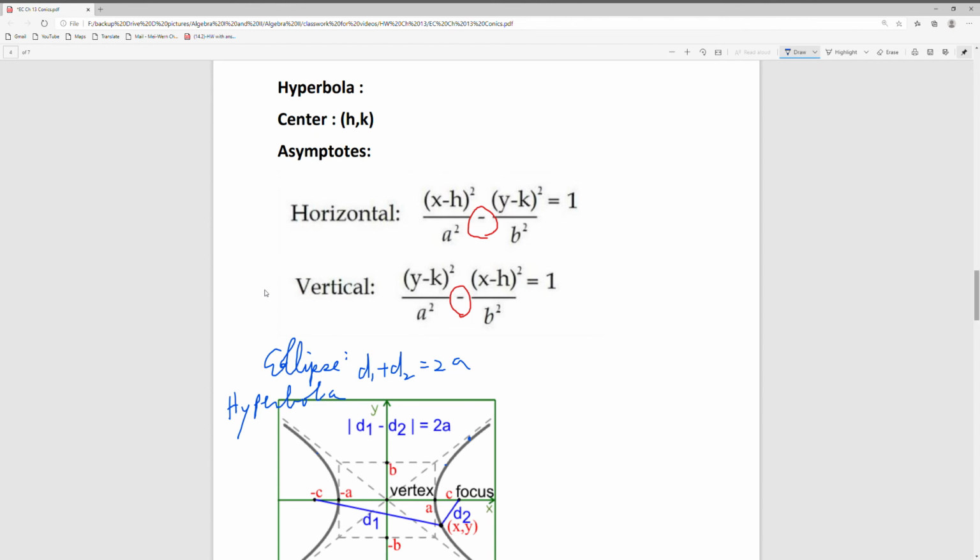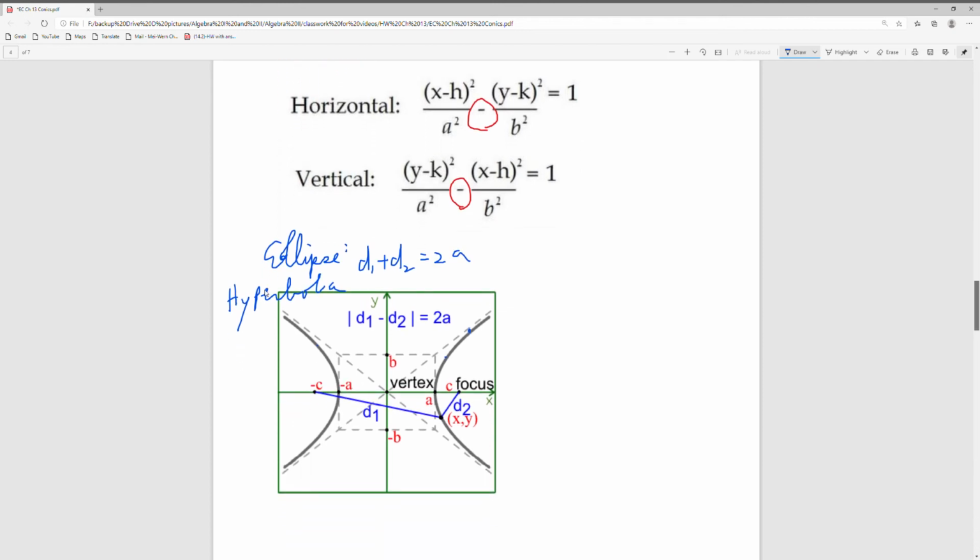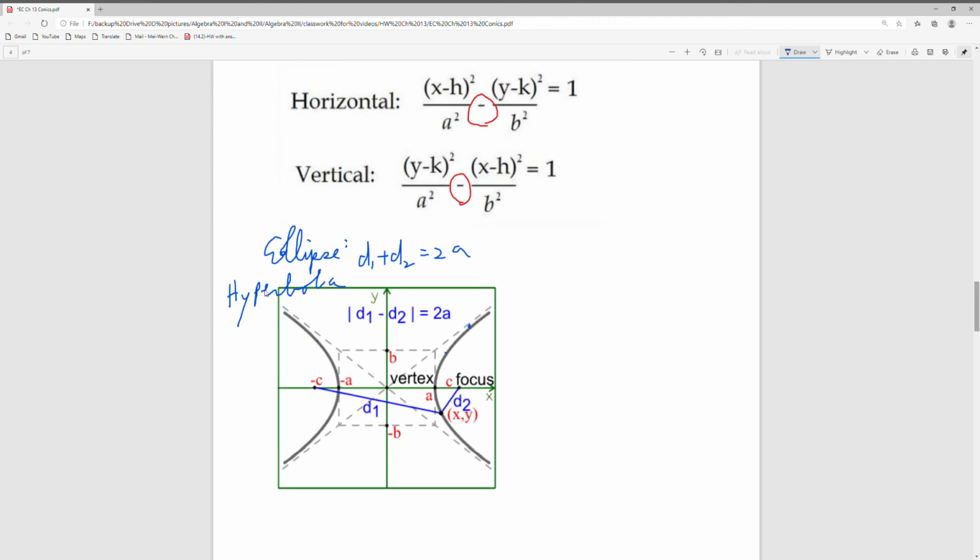Now the hyperbola is a little bit complicated to use the formula for. If you have x squared minus y squared, then you have two branches on the x-axis. If you have y squared in front, subtracting x squared, then you have two branches on the y-axis.